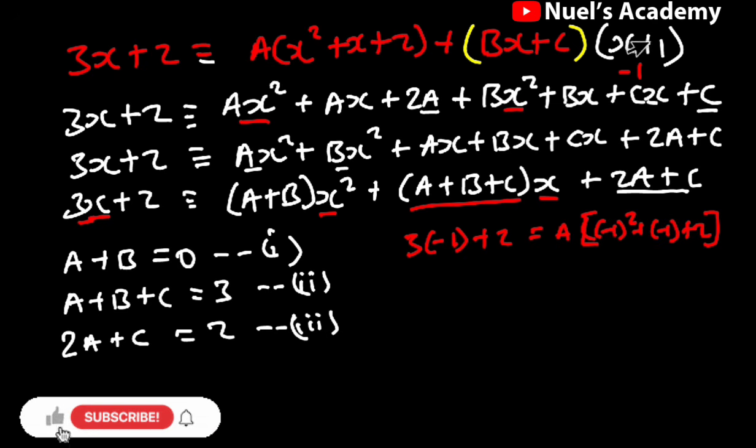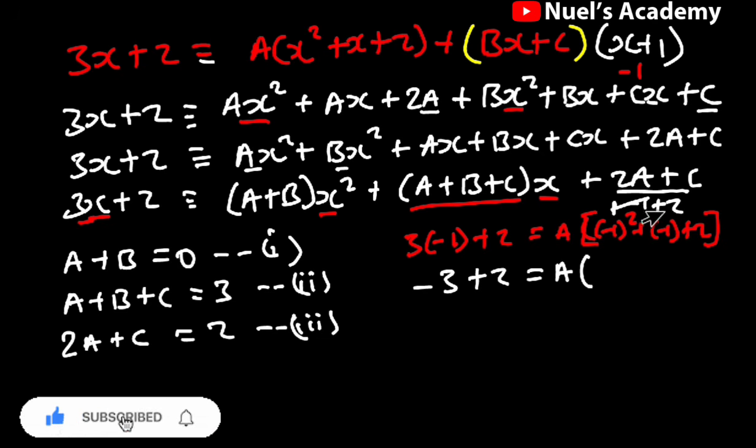Now the -1 here, all of this is already 0, so let me not write them out. 3 times -1 is -3 plus 2 is equal to a multiplied by ((-1) squared is 1, plus -1 plus 2). So 1 minus 1 is 0, we'll be left with only 2. And then -3 plus 2 is equal to -1.